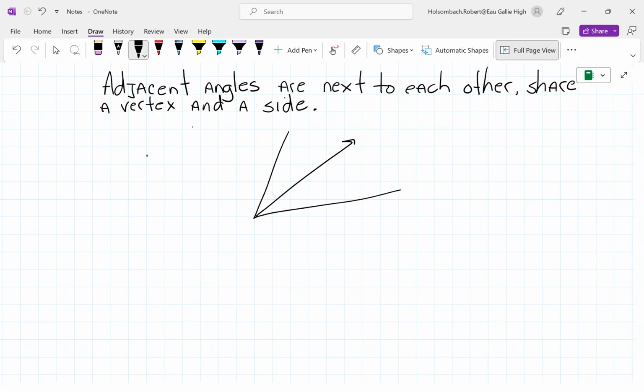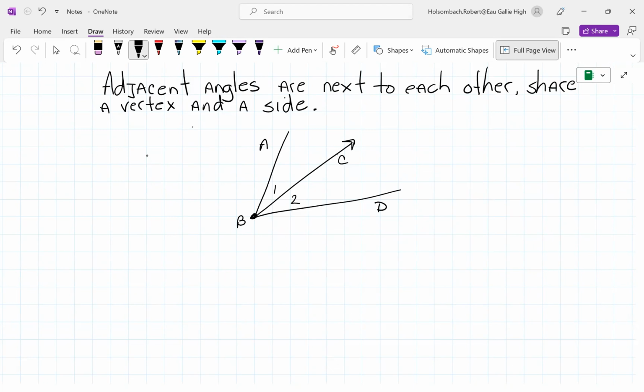if I label this angle 1 and this angle 2, well, angles 1 and 2 are adjacent to each other. If I put some points on here, A, B, C, and D, you can see that angle ABC has a vertex of point B and a side of BC. Agreed?